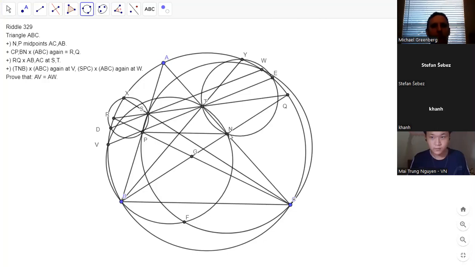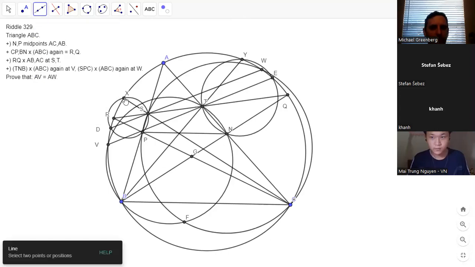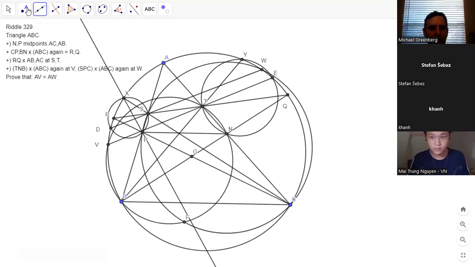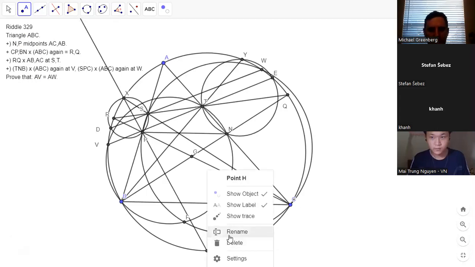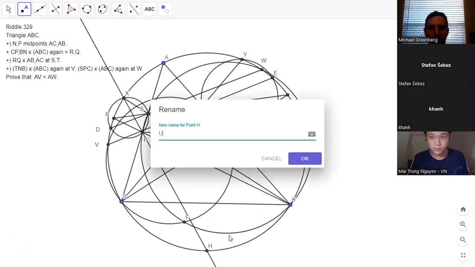And I'm guessing that's probably just an angle chase, right? Okay. XP intersects O at U. All right.